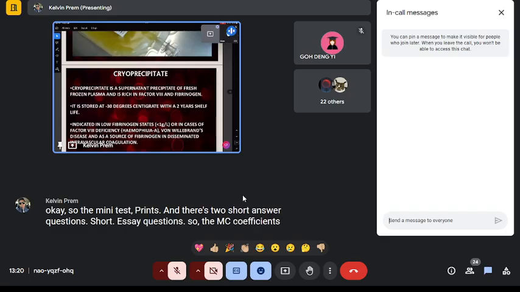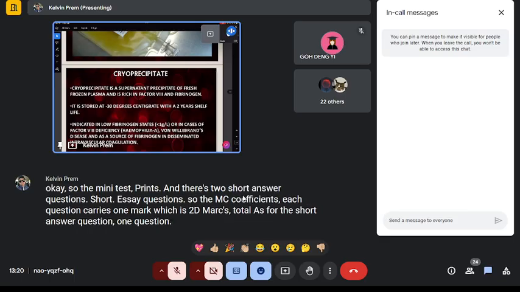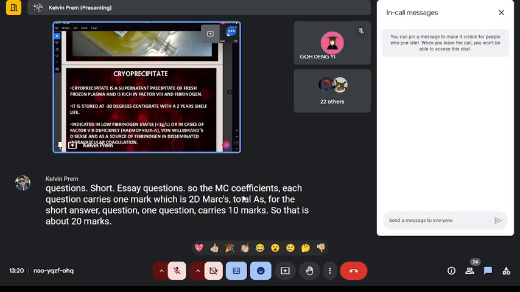The MCQ questions, each question carries 1 mark, which is 20 marks total. As for the short answer questions, 1 question carries 10 marks. So that is about 20 marks also.